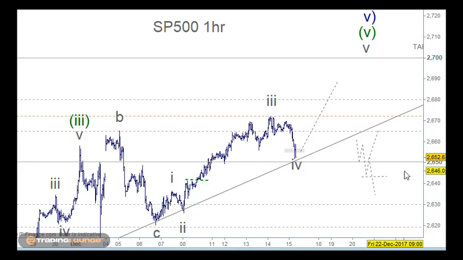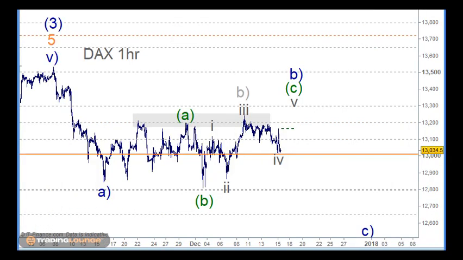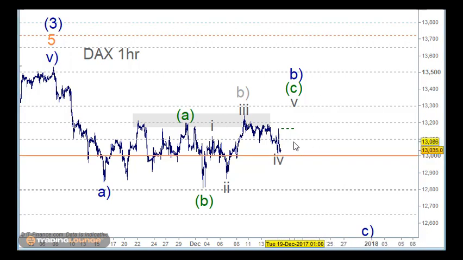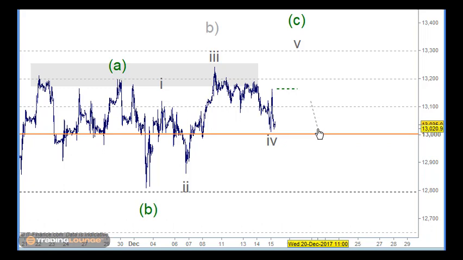Even if you're trading the European markets, if that 2650 becomes a retested resistance and fails, then you'll need to be on the short side of those markets as well. When we look at the DAX here, it's quite simple, because we're lucky to have the 13,000 level here. It's natural for a market to come down and bounce off a large number like it has done here.